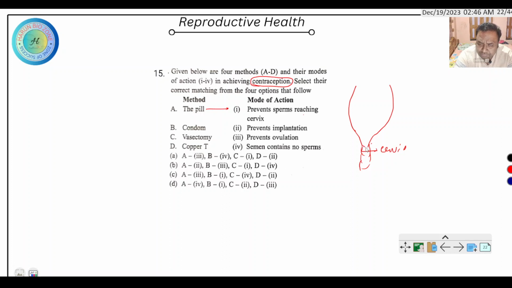If some mucus is produced in this region, it is blocked, so sperm do not move from here to there.